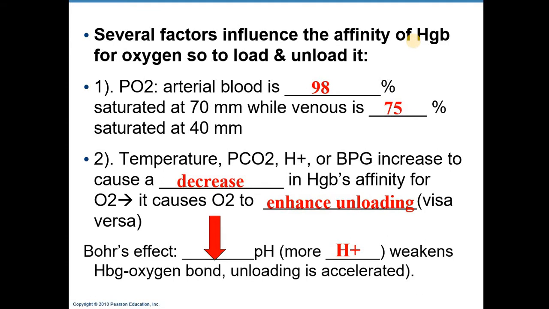All of these can decrease oxygen's ability to bind to hemoglobin, and this enhances O2 unloading. Bohr's effect states that the lower the pH, which means a higher number of hydrogen ions, will also weaken hemoglobin-oxygen binding. So unloading is accelerated also.